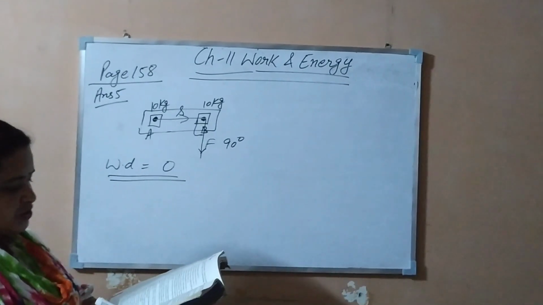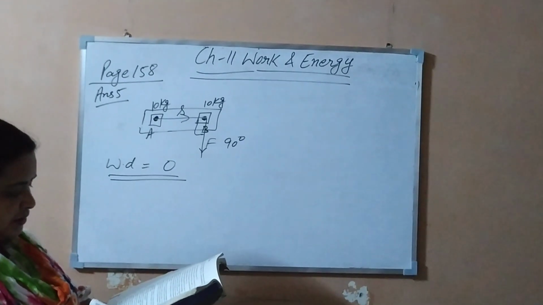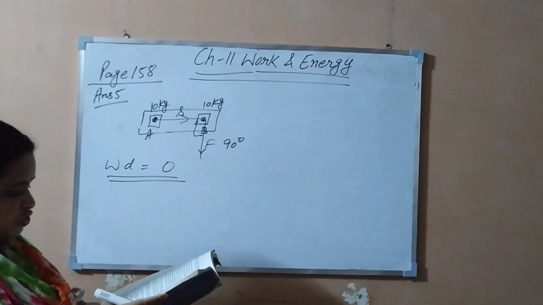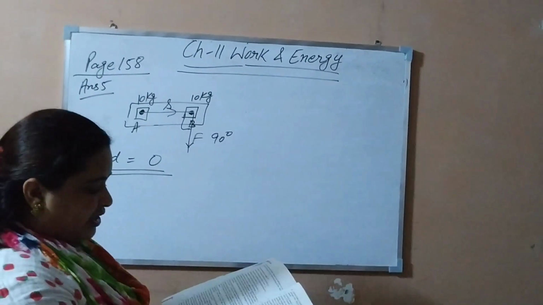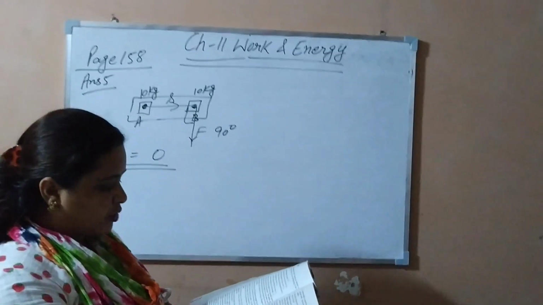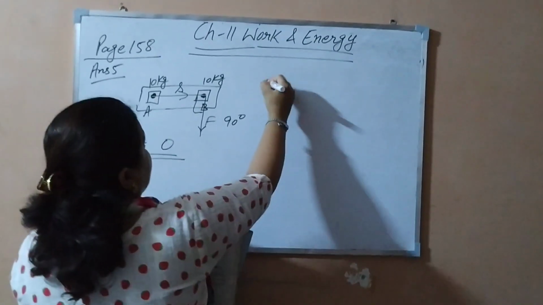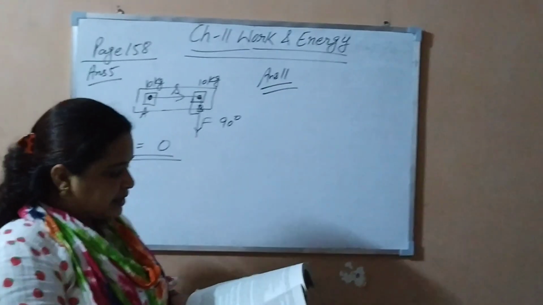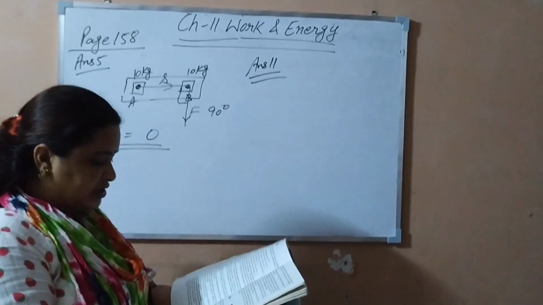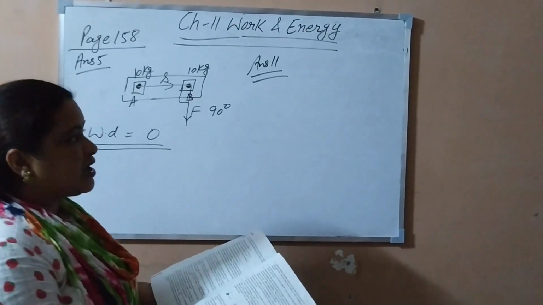Related to that, there is one more question of the same type, that is answer number 11. What is the work done by the force of gravity on a satellite moving around the earth? Justify your answer. In between there are a few questions related to energy, but this question is related to work done.